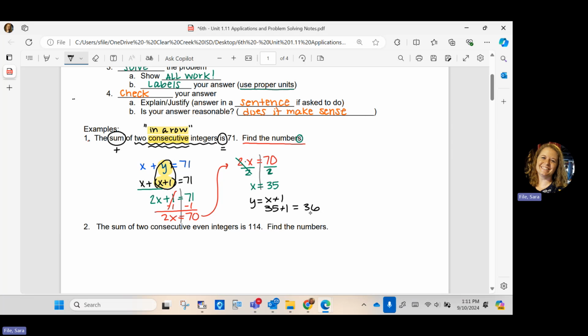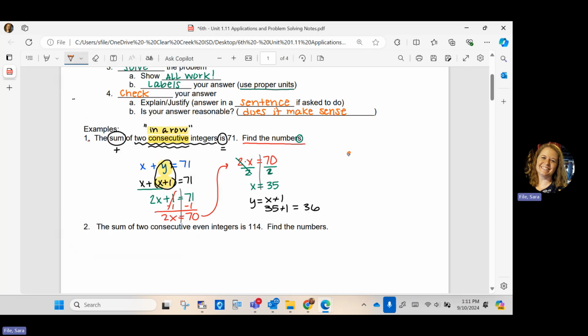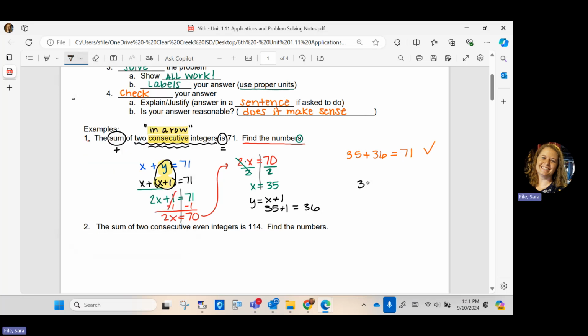They're back-to-back numbers, okay? And we can check our answer by asking ourselves, does 35 plus 36 equal 71? And it does. So we check it, it works. So our answer is 35 and 36.